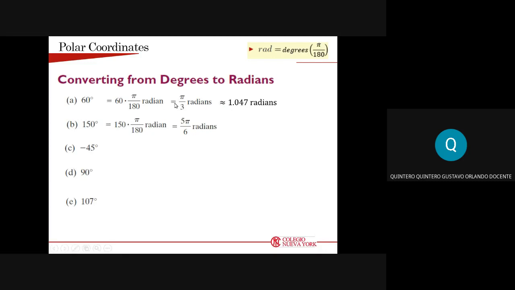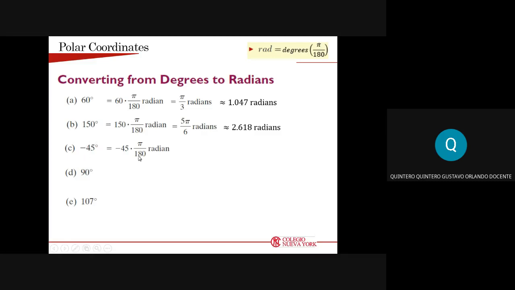It won't be equal. Look, this is equal, but this is not equal, right? This is rounded, so the answer will be rounded. But if you leave it like this, it will be perfect. If we round this answer, we will have 2.618 radians. Beautiful, guys. Let's continue. We can also do this with negative degrees.